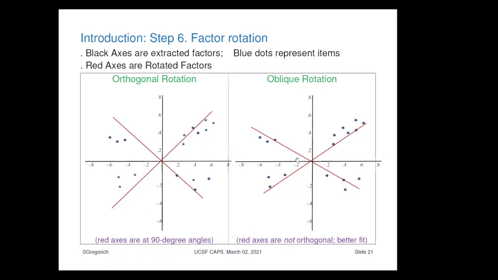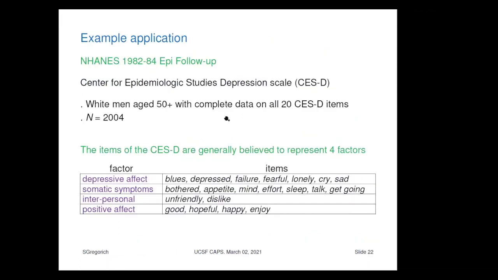But if you relax this idea, as on the right here, that the two rotated axes don't have to be at 90-degree angles anymore, then you can do a better job of finding a rotation that is going to maximize the relationship between the items and the factors. Okay, so that was steps 1 through 7, I think.